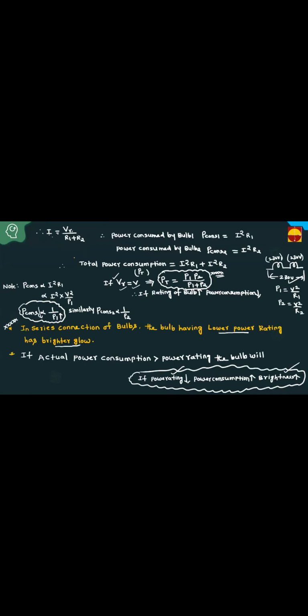I equals V by R1 plus R2, so it is V by R1 plus R2 whole square into R1 plus R2. Clear? But let the voltage rating of each bulb be equal to the supply voltage, that is V equals VR.